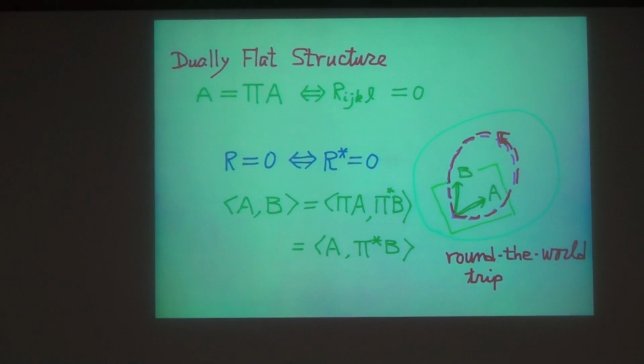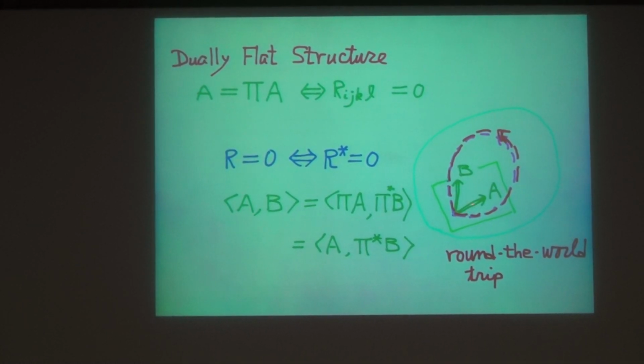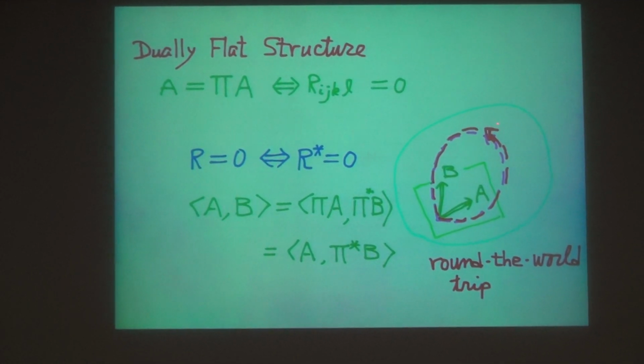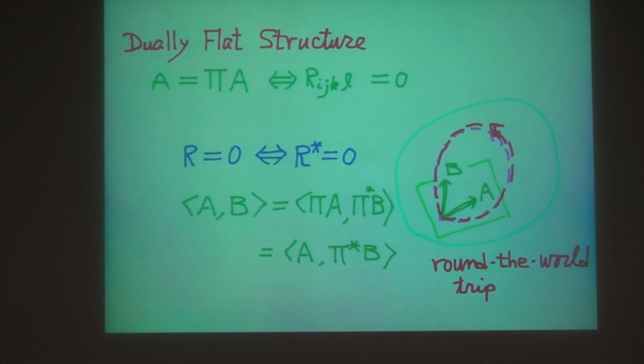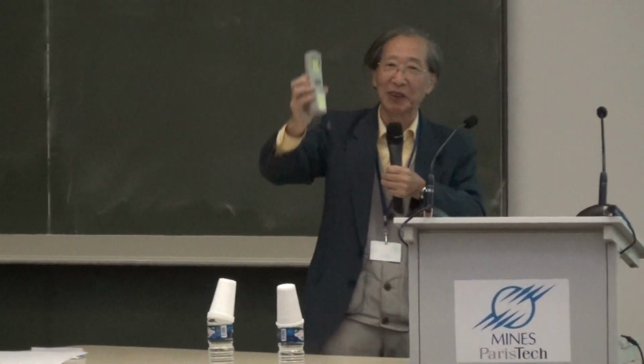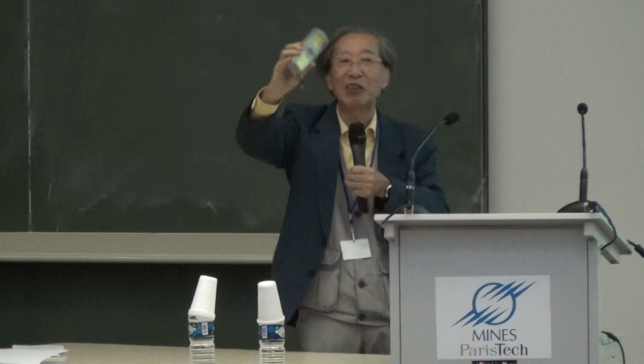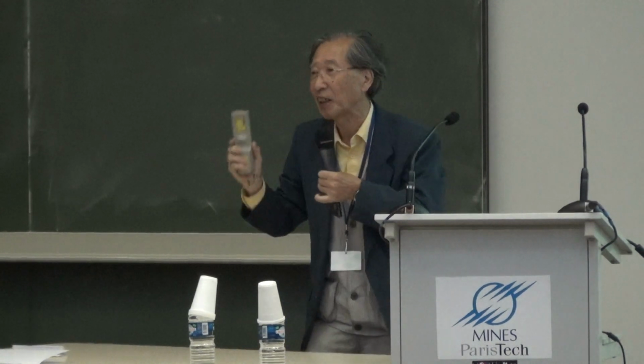Flat implies that if we transport A parallel along this loop, so vector A goes round the world by parallel transport, go to Japan, Paris, America, back to Japan, then the tangent vector changes its direction if there is a curvature.